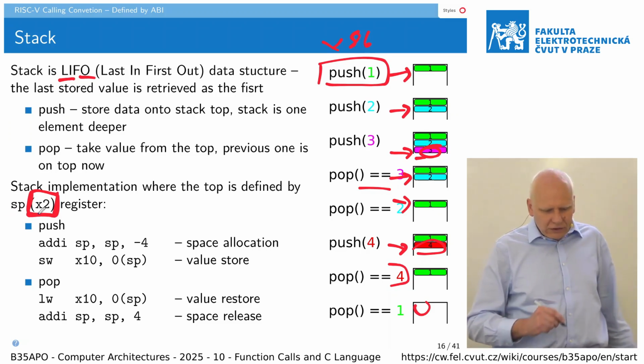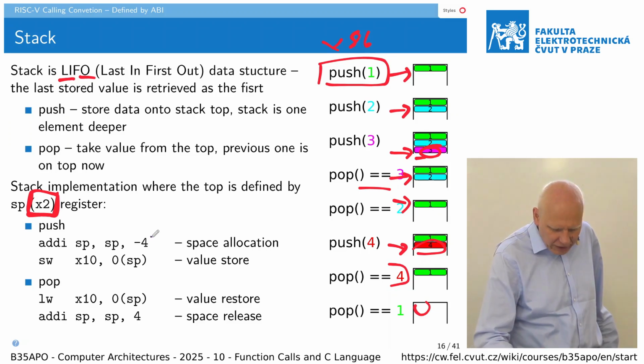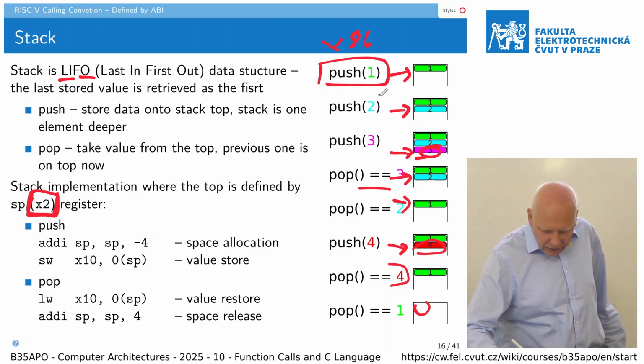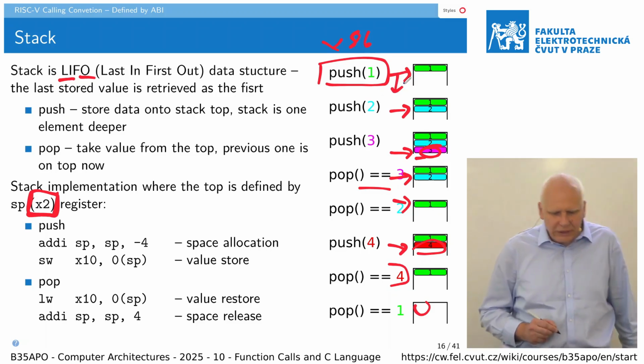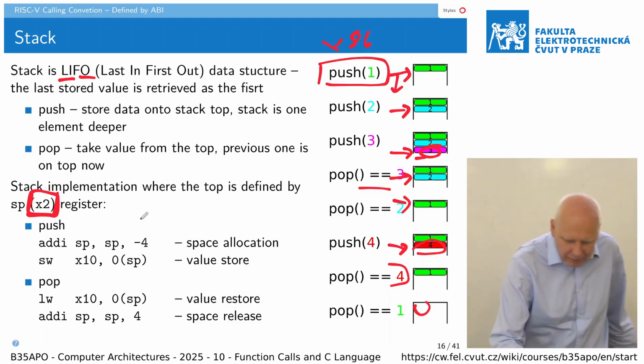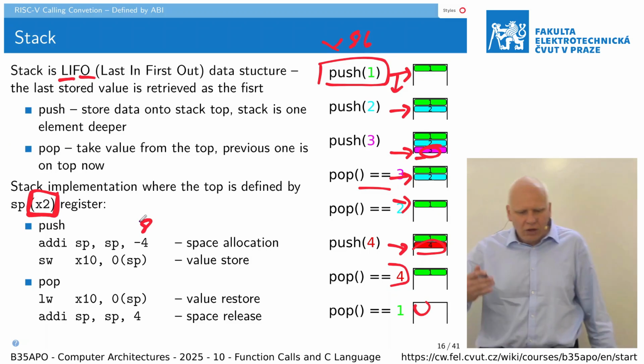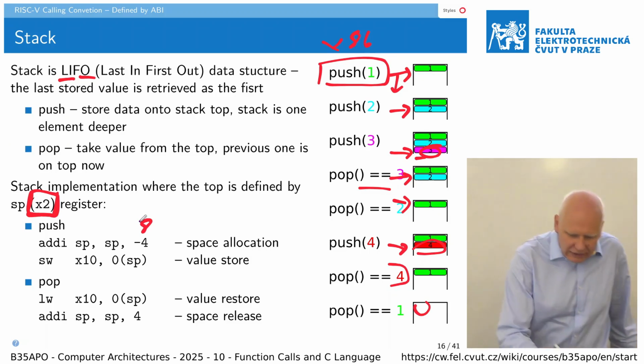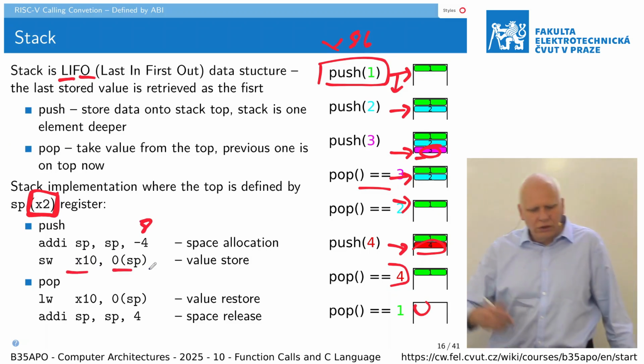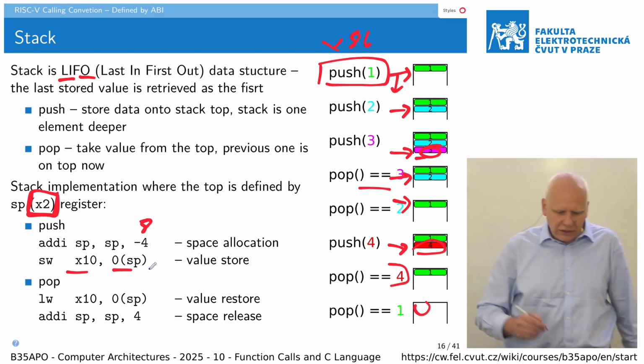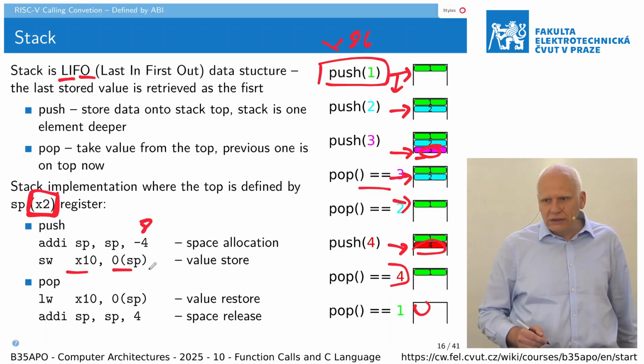In fact, the push operation is equivalent to decrementing the stack pointer by 4 on a 32-bit system, on a 64-bit system by 8, and then storing some value to the location. If we want to, yes?